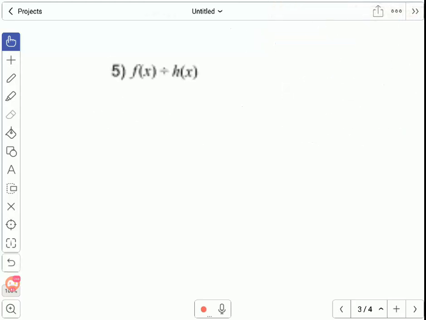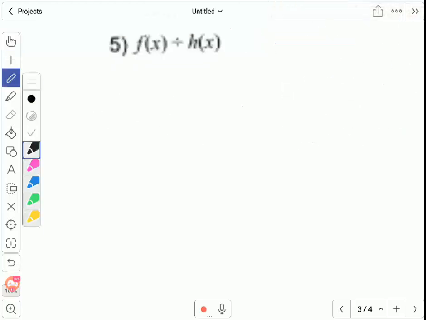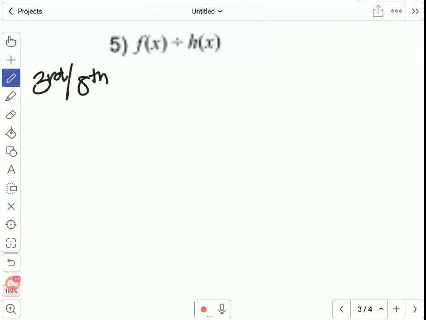Oops, sorry, let me zoom in here. Okay, so right now I'm doing this for 3rd and 8th, or anybody who got the review after 1st period. If you got the review during 1st period, then this is not going to help you out. I'll do that one in a second, but this is for anybody who got the review after 1st period.